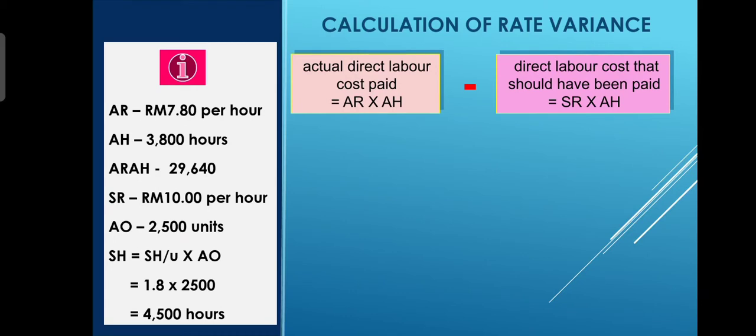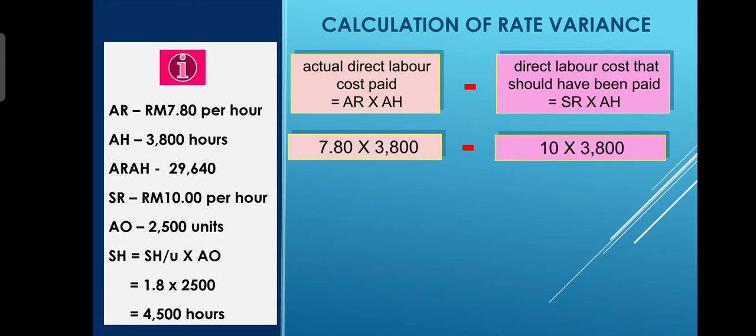ARAH minus SRAH. AR is 7.80, AH is 3,800 hours, minus SR is 10 times AH 3,800 hours. What is your answer?